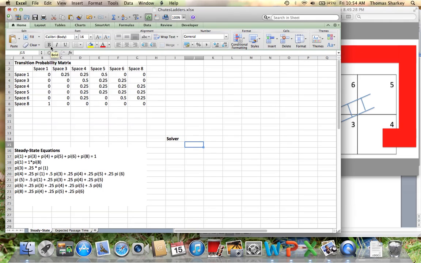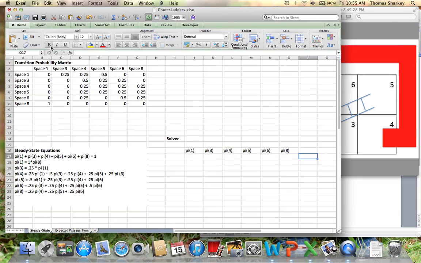What we're trying to get is pi of 1, pi of 2, pi of 3, pi of 4, pi of 5, pi of 6, and pi of 8.